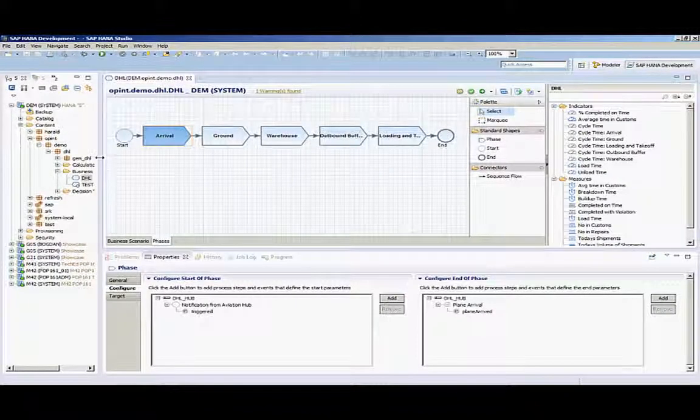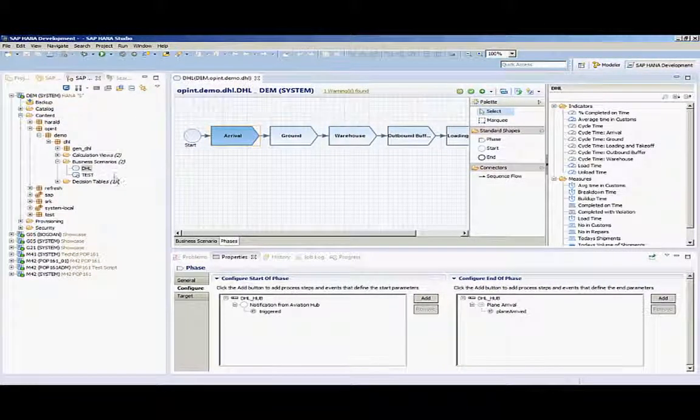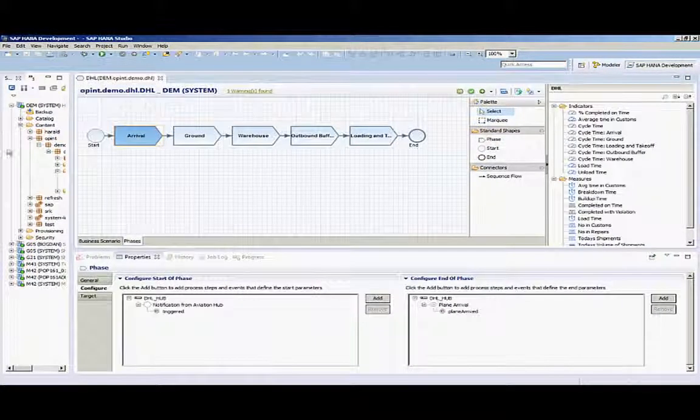So Frank uses the SAP HANA Studio, and Operational Process Intelligence has introduced a new concept called business scenario in HANA. And you see that there is a new business scenario created here, and Frank has all the high-level phases here.